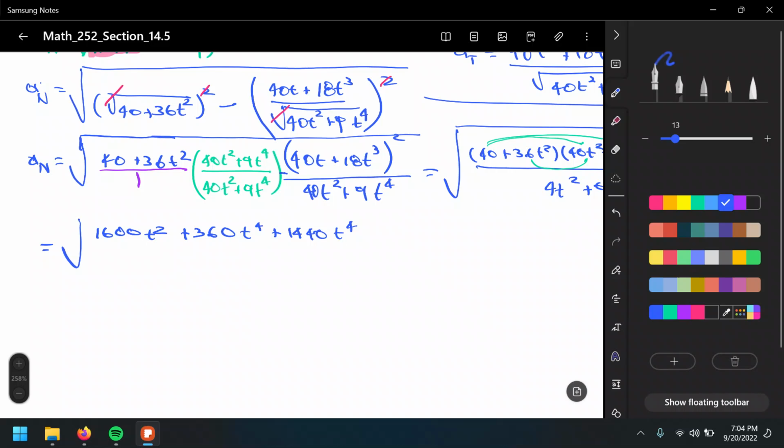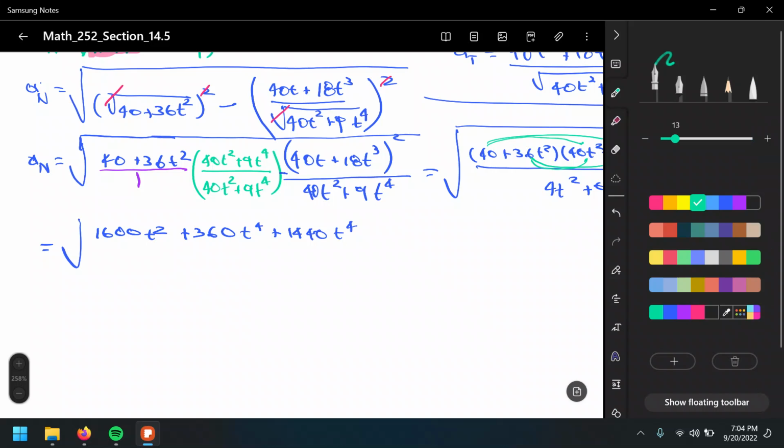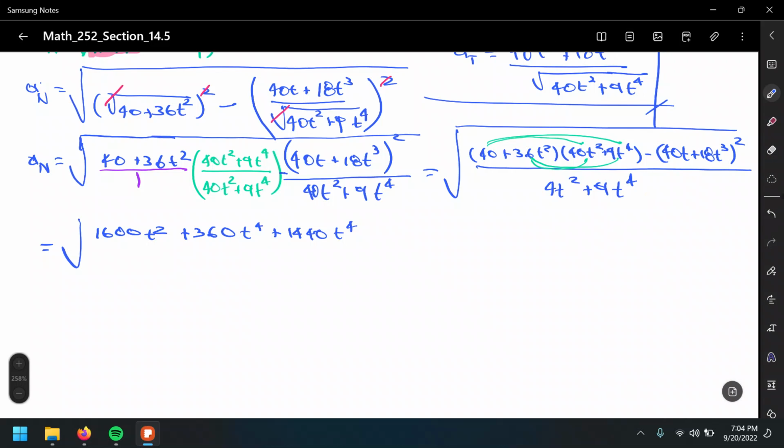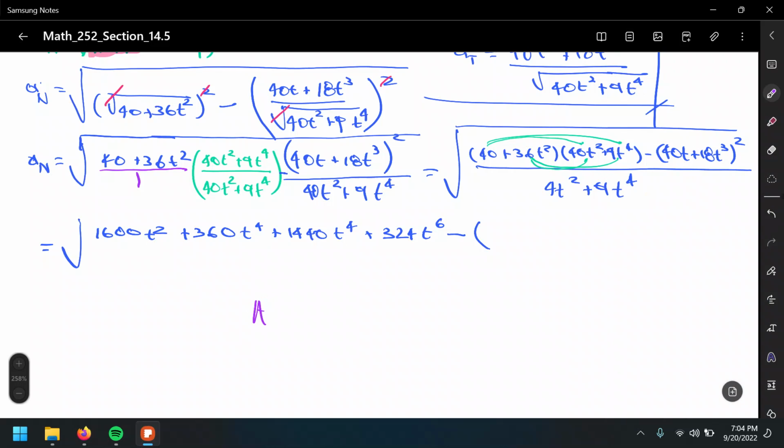And last but not least, 36 times 9, which is 324. And that's t to the fourth. Wait a minute, t to the sixth. And then minus whatever we get from expanding the binomial here. Okay, so to square the binomial, instead of doing foiling, let's use the binomial square formula.